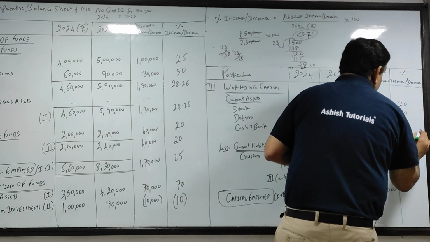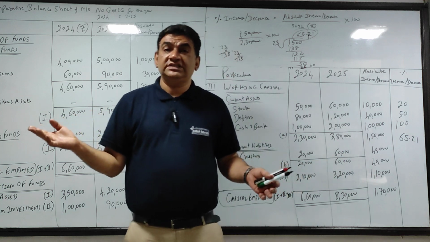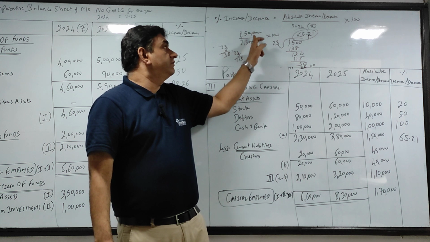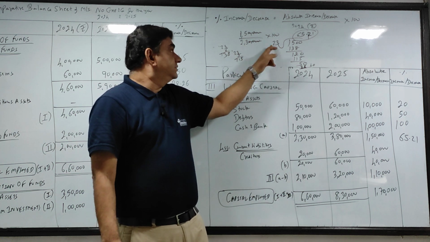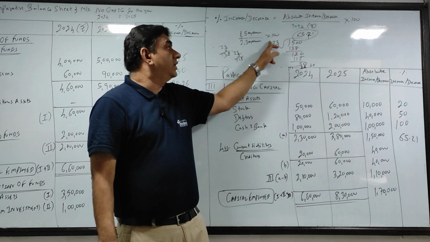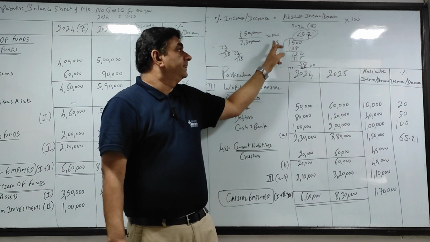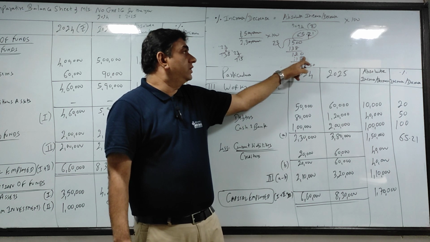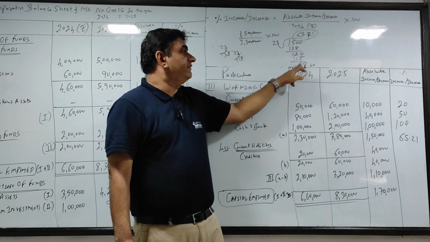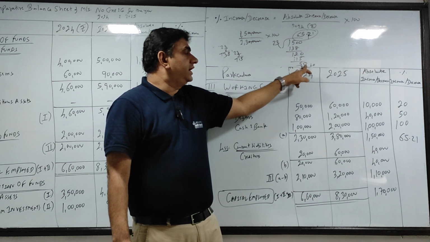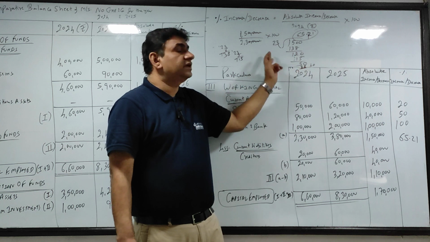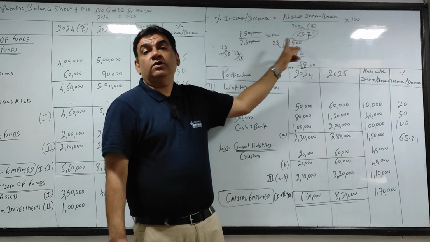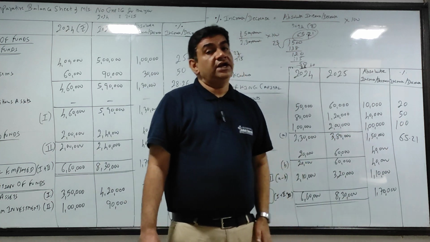65.21. Math students, I don't need to teach you much, SP students please understand, 1,50,000 divided by 2,30,000 into 100, zeros cancel, so 15 upon 23 into 100 gives you 1500 divided by 23. 23 into 6 gives 138, the difference gives you 12, carry forward the zero, 23 into 5 gives you 115, remainder 5, zero, take it down and continue the same way, 50, 23 2s are 46, so you get 2 and with continuation 1 will come, so 65.21.